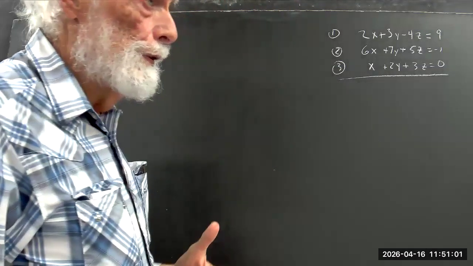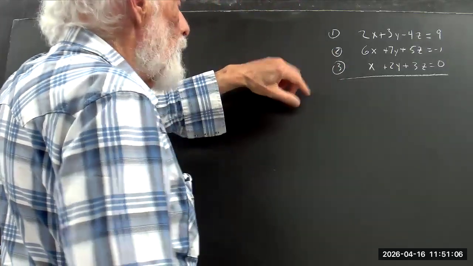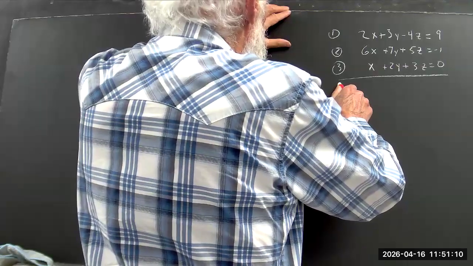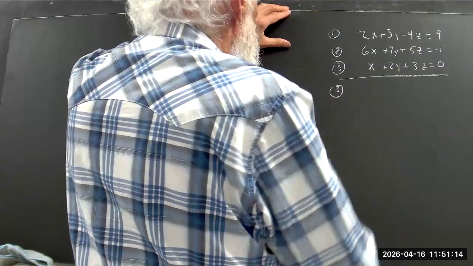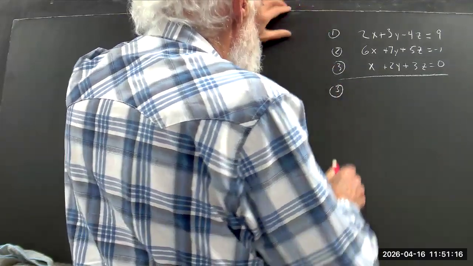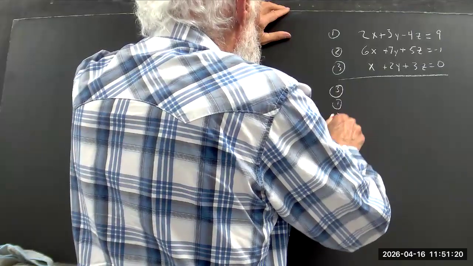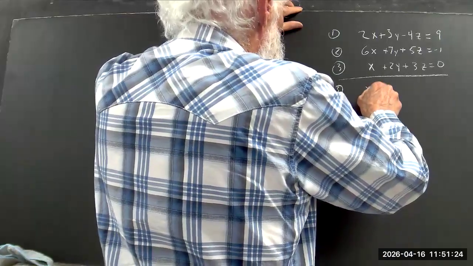Now I want to solve that system. First thing I'm going to do is rewrite the system. I'm going to put equation 3 as the first equation, then equation 1 and equation 2 as the second and third. You'll see why I did that in a minute.